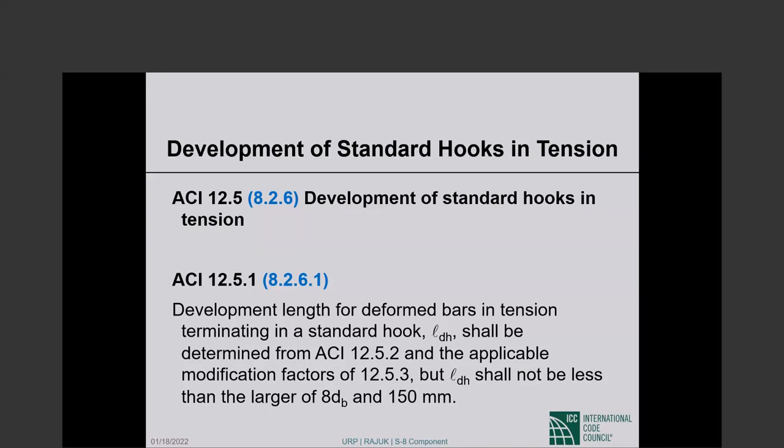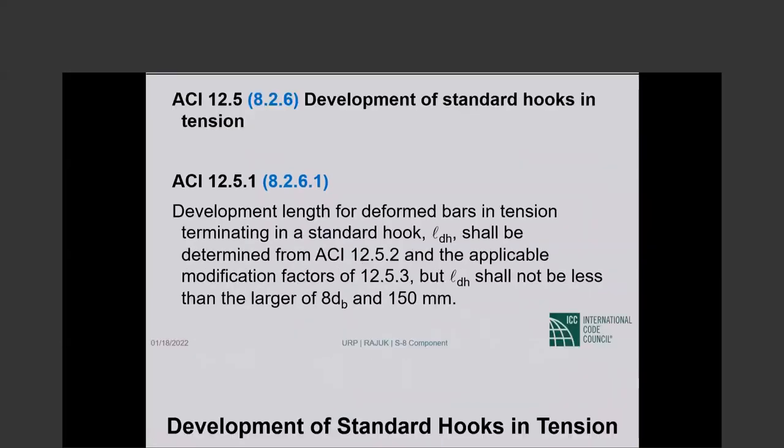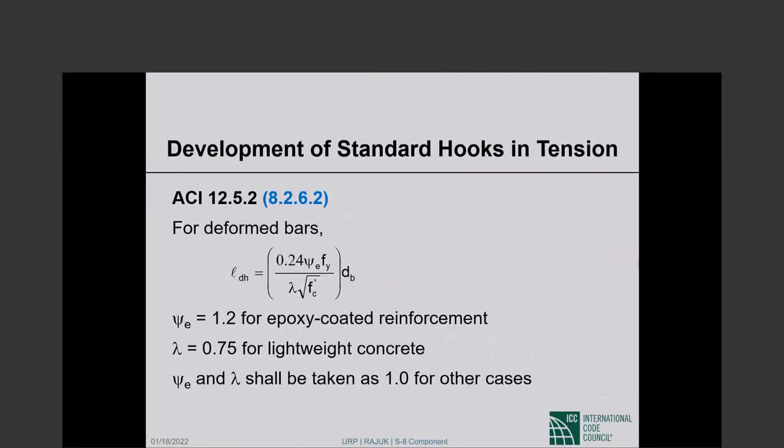So for a hooked bar in tension, L sub DH shall be determined from the section and applicable modification factors. L sub DH has a minimum of 6 inches. Okay, so L sub D minimum is 12 inches. L sub DC minimum is 8 inches. L sub DH minimum is 6 inches. Hooked bar development length. Okay, this is the important expression for hooked bar development length.